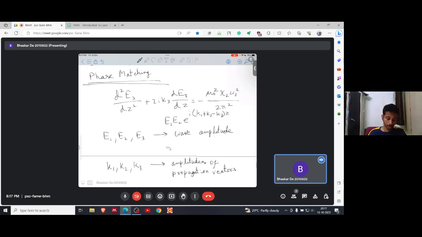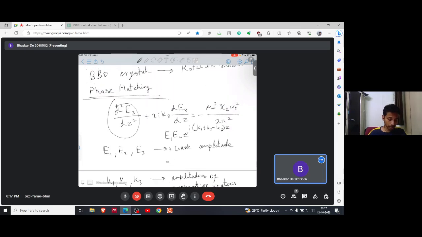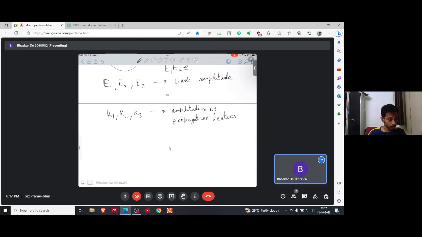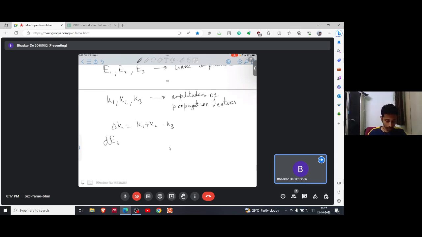Now we can use the slowly varying approximation, so we can neglect the first term and use the second term only, and let us also define delta k equal to k1 plus k2 minus k3. So dE3 by dz equal to i mu naught square chi2 omega3 square by 4 pi square k3 E1 E2 e to the power i delta k z.